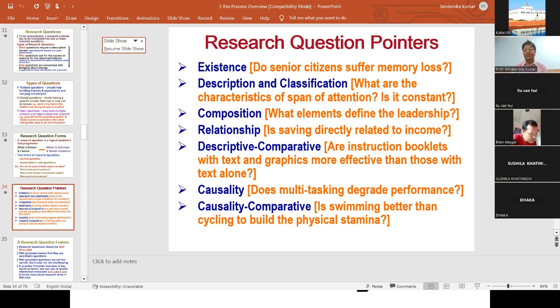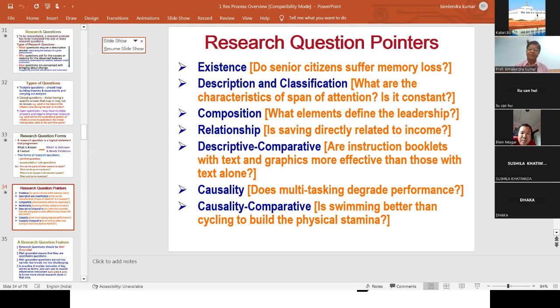Then composition: what elements define leadership? This can also be a research question. Then relationship is how things are related with things. Suppose how savings are related with income, how incomes are distributed among the different divisions of expenditures, and whether savings is directly related with income or not.